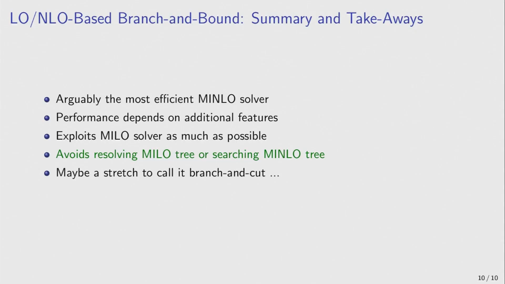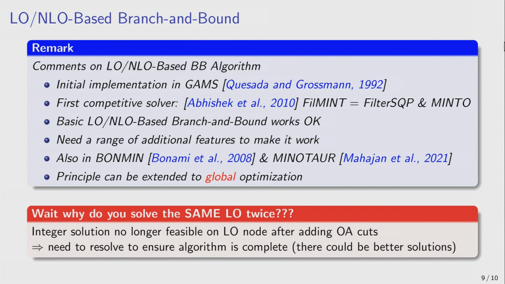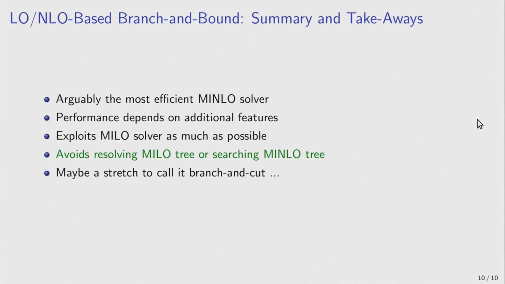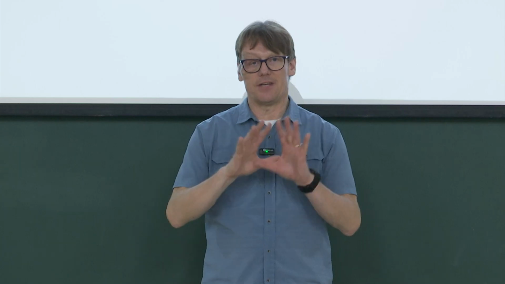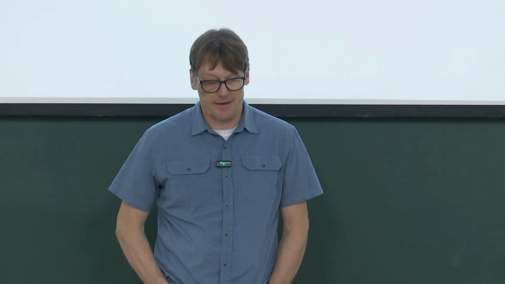One thing that's clear is you want to reuse the tools that go into it. So when we implemented this using MINTO, we made use of all the tricks that MINTO had that made it actually an efficient solver. And the nice thing is, you only have one tree that you need to search. You don't lose the information of the tree search that you've done.